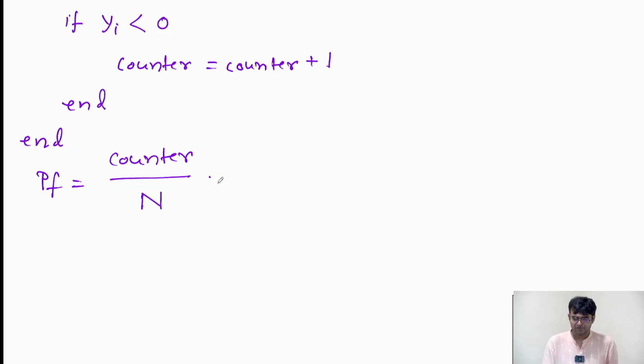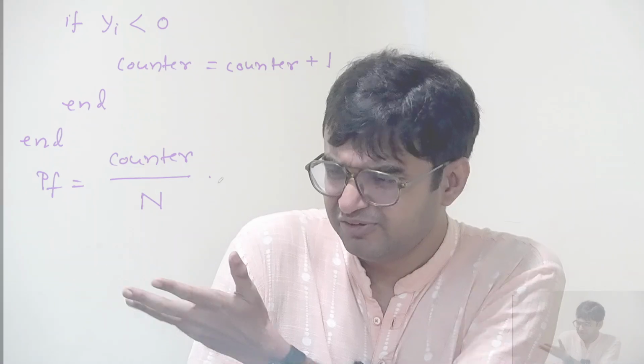And if you are interested in beta, you can do phi inverse of PF, and that will give you beta. In some papers, beta is reported. So if you are interested, you can find it out. It will just be phi inverse.